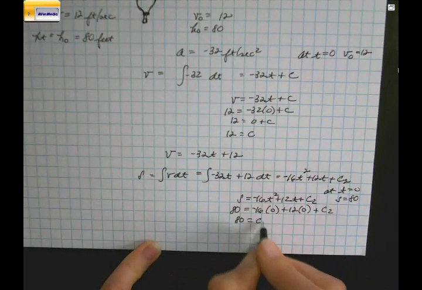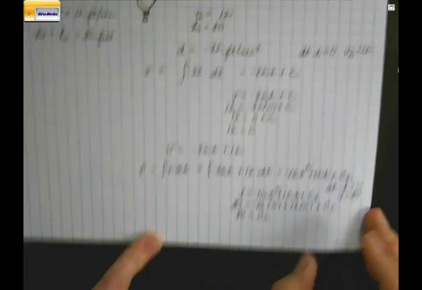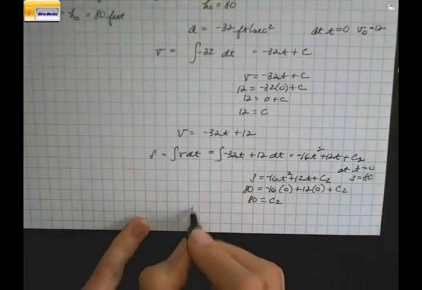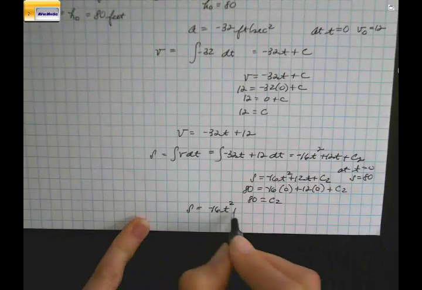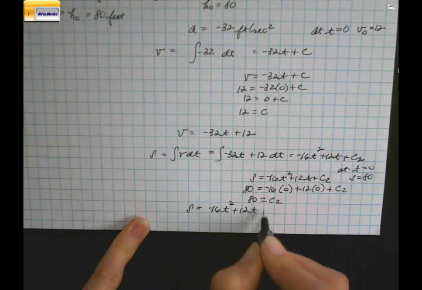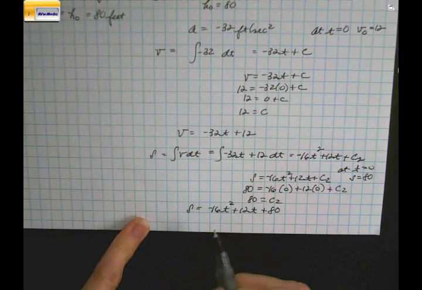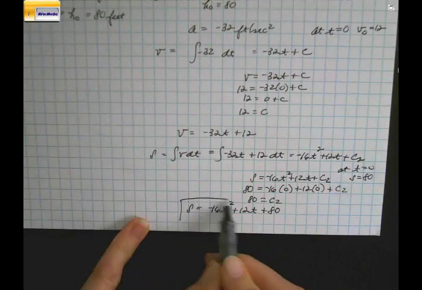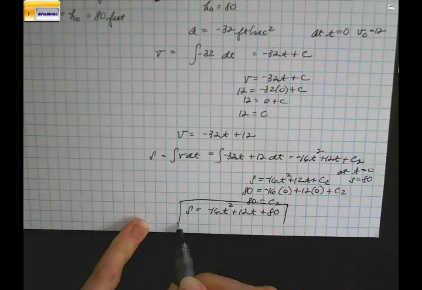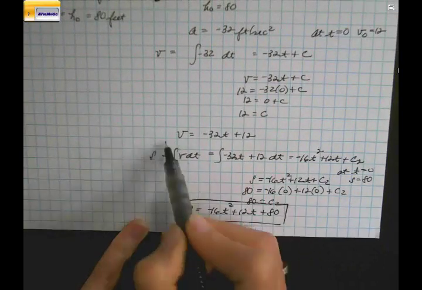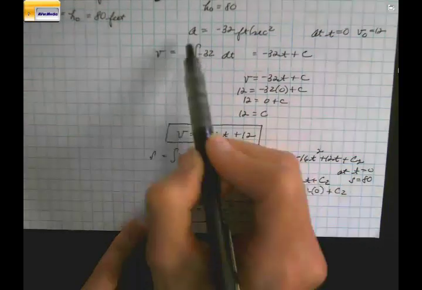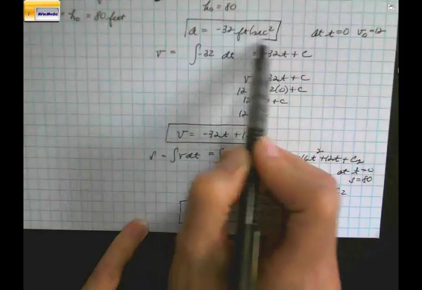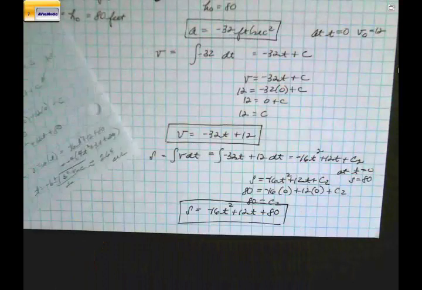So sure enough, 80 should be the value of the constant, which is your initial position. So your position function is a negative 16t squared plus 12t plus 80. Here's your position function, which is really your height. Here's your velocity. And here's your acceleration. There's the three.